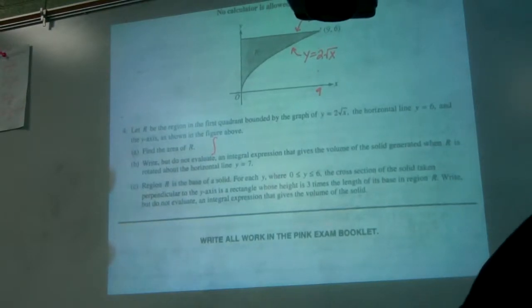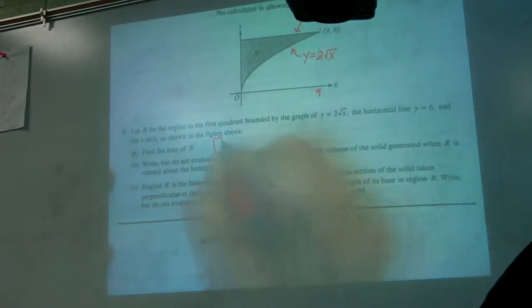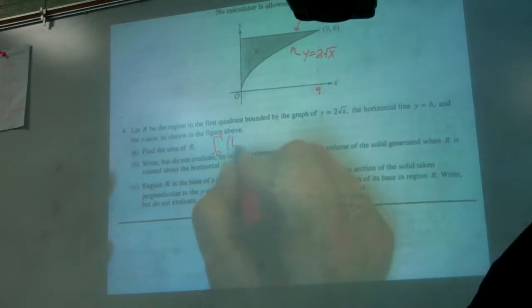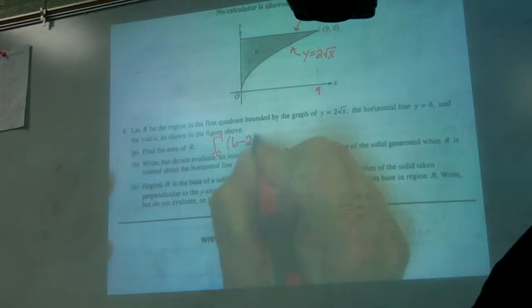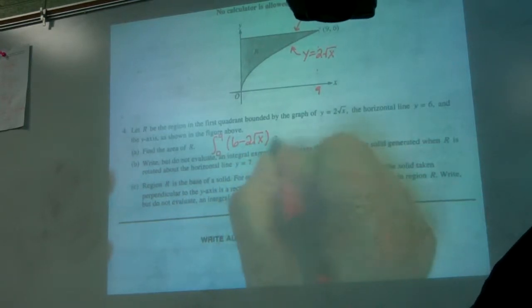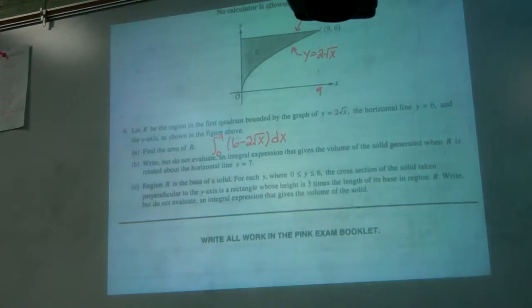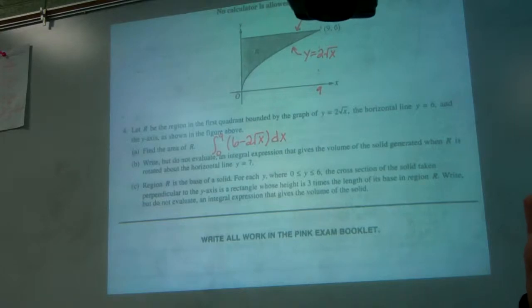And we do top curve minus bottom curve. So we do 6 minus 2 square root of x dx. The top curve is that y equals 6 line, and the bottom curve is that y equals 2 square root of x line. So pretty easy to set up, and now we just need to integrate it.